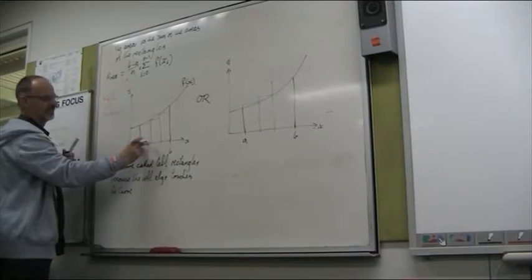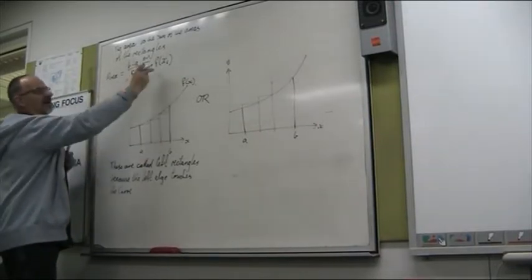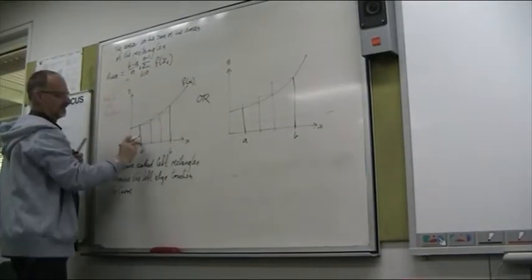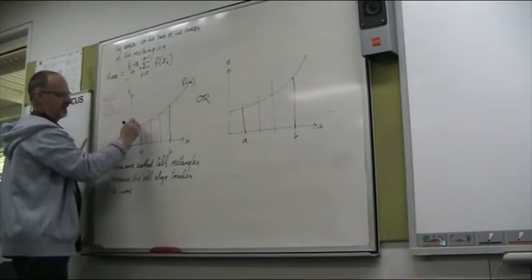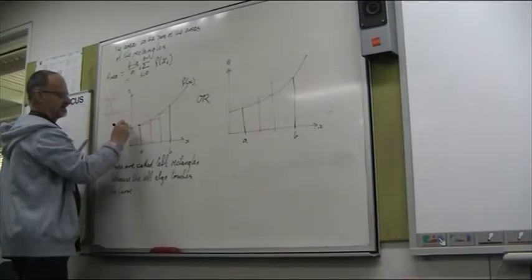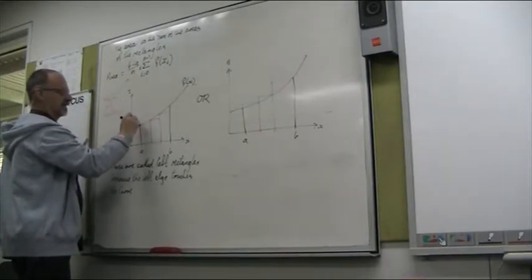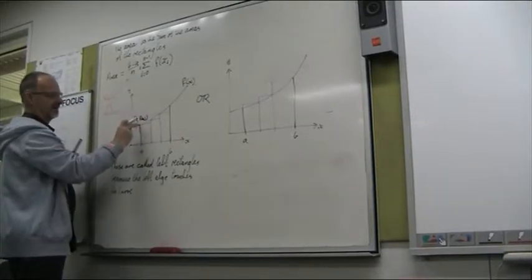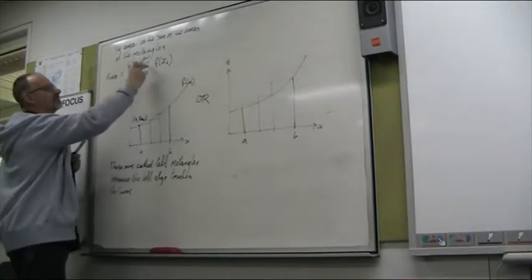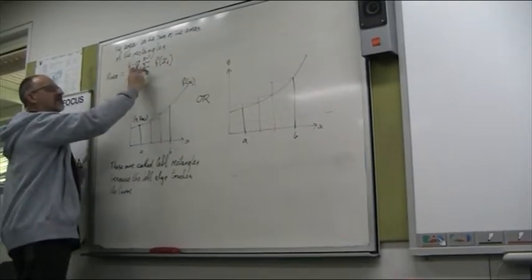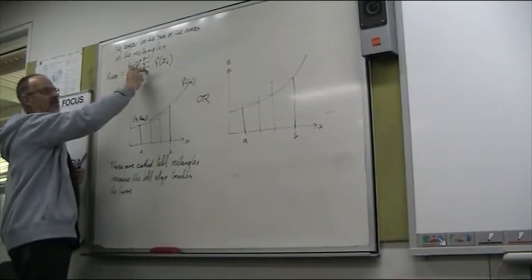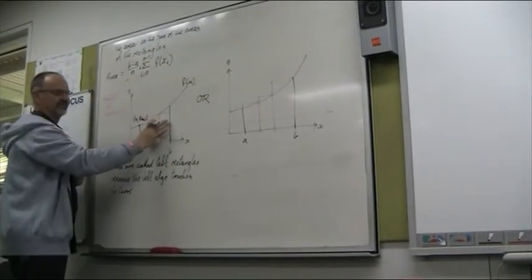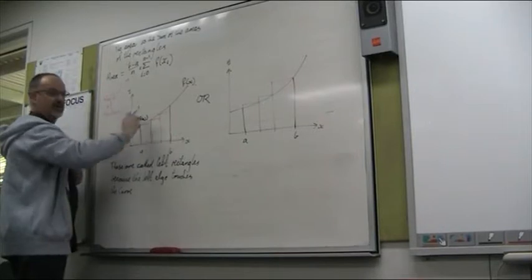So the width is this bit, and the length is this bit. So if we take that point there, it is A and f of A, and the f of A bit is that length. So this bit here is the width. So what does this mean? This means just add them all up. So we've got the length times the width, add them up, and then we get the area.